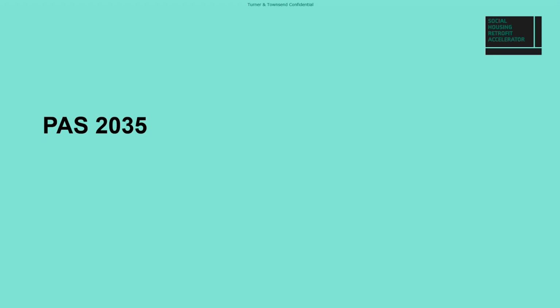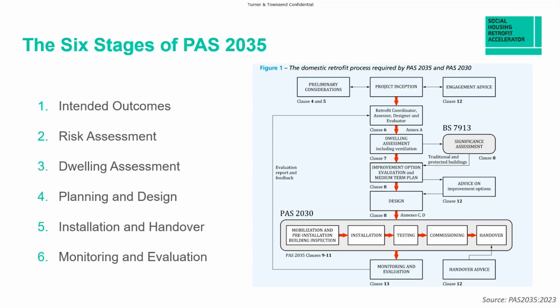So it leaves the property in a good position, it reduces energy demand and makes the home warmer and cheaper to heat for the residents. And in doing so, we also achieve carbon emission savings, which is also part of why we do this type of work. So that's a very quick potted history about PAS 2035 and how it came to be for anybody that didn't know about it previously. So I'll move on to the next slide.